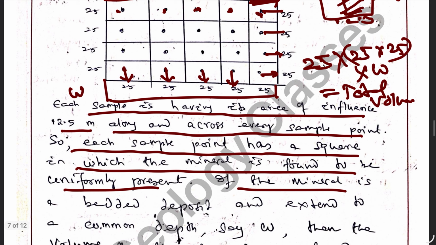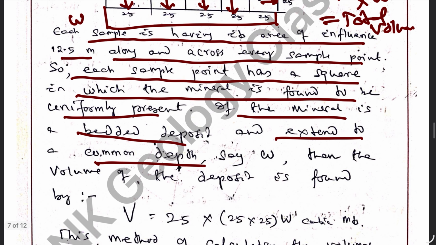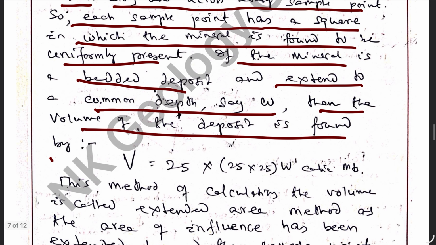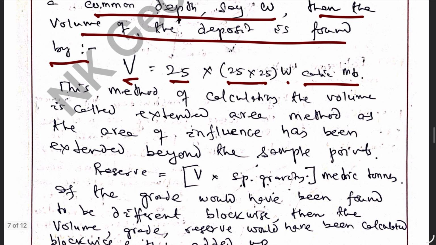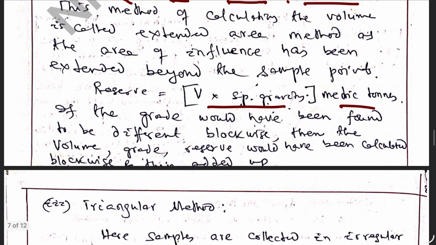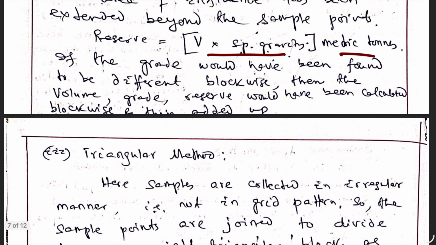If the mineral is a bedded deposit and extends to a common depth say W, then the volume of the deposit is found out by V equal to 25 into 25 into W cubic meters. Then the specific gravity is multiplied to give the tonnage, and if the grade is uniform, simply grade is multiplied.